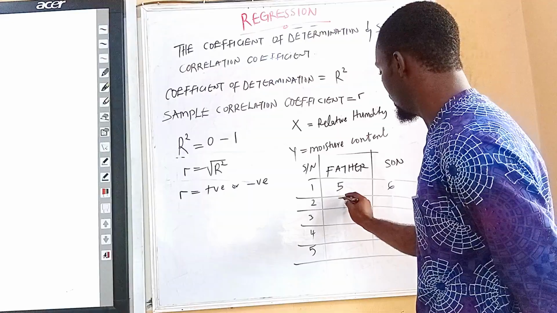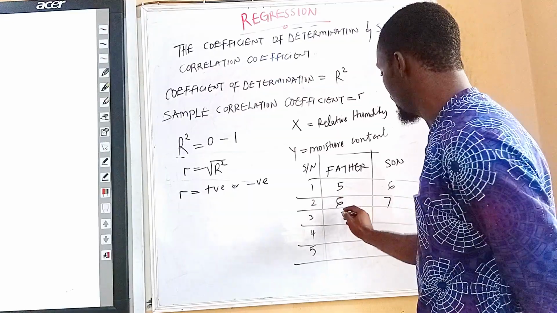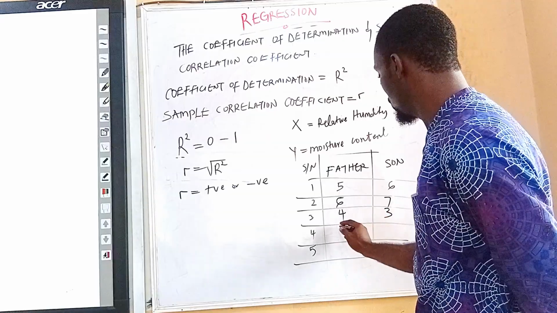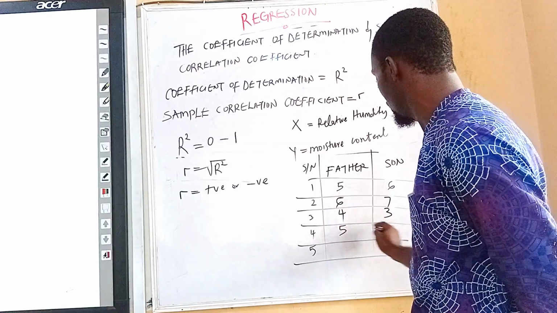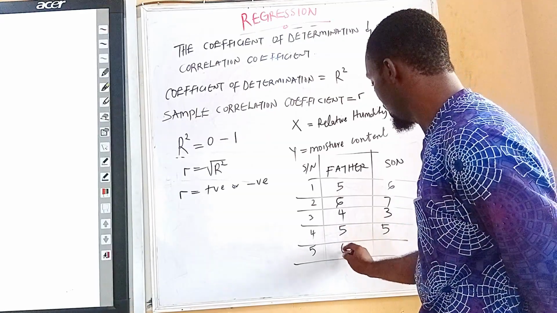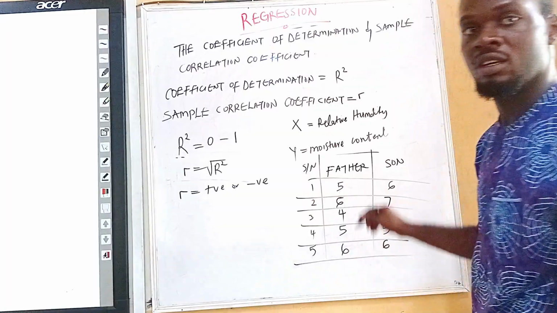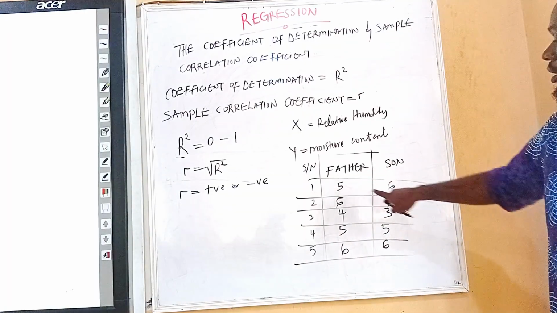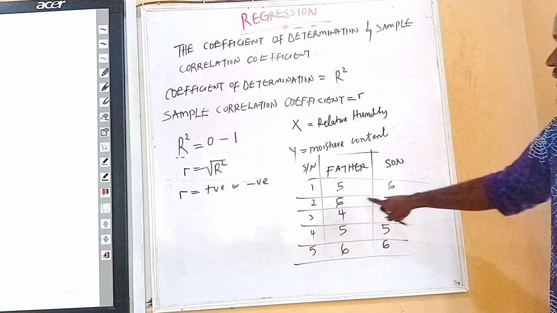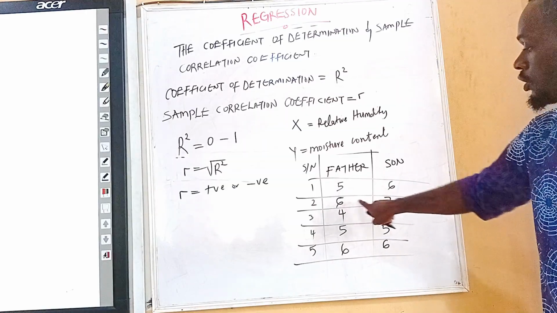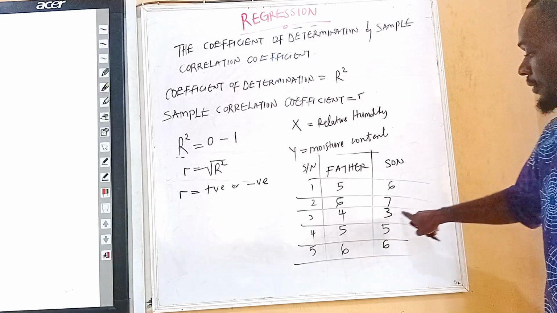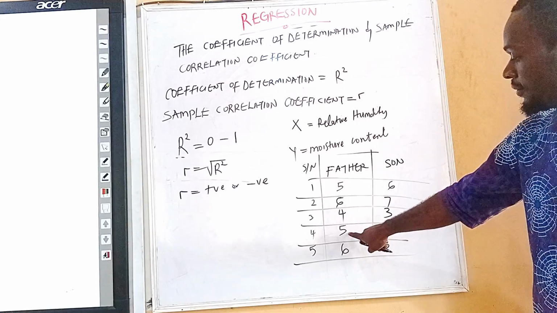This one is 6, the son is 7. This one is 4, the son is 3. This one is 5, the son 5. This one is 6, the son 6. Look at this table now. The first father is 5 feet tall, the son is 6 feet tall. The next one is 6 feet tall, the son is 7 feet tall. The next one is 4 feet tall, the son is 3 feet tall. The next ones are 5, 5, 6, 6.